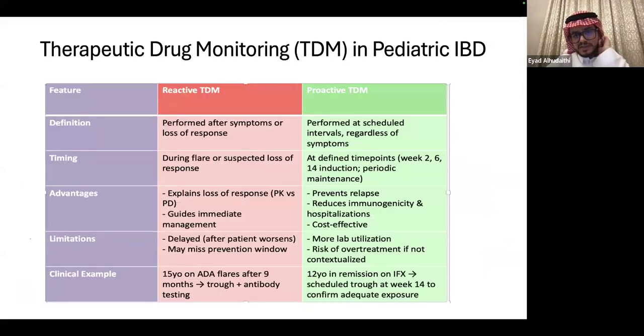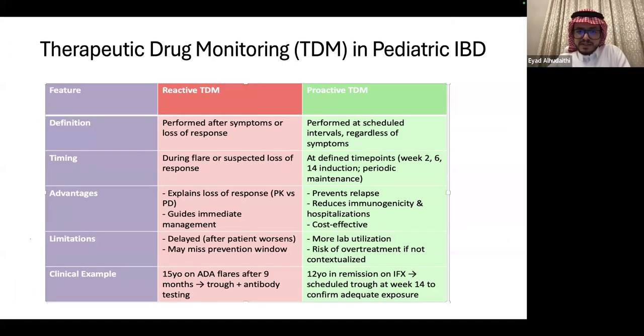So this is an important slide to differentiate between reactive and proactive. Reactive means performed after symptoms or loss of response, while proactive is performed at scheduled intervals regardless of symptoms.